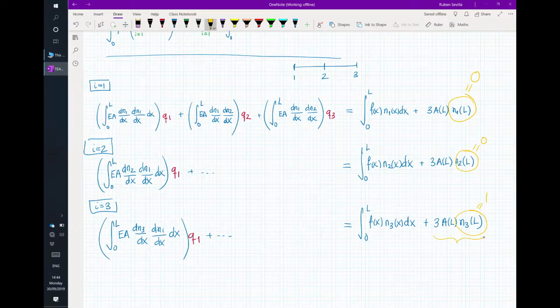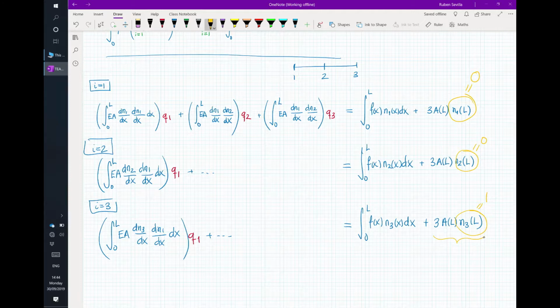Each term of this matrix is of this form. Is E multiplied by A, and then derivative of the first shape function, derivative of the second shape function, which is what you should recognize here.